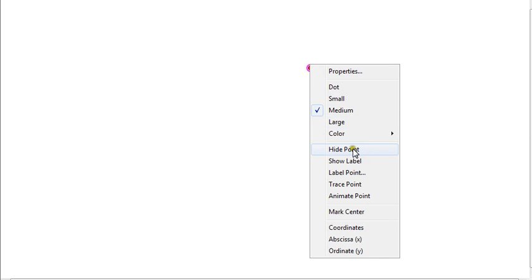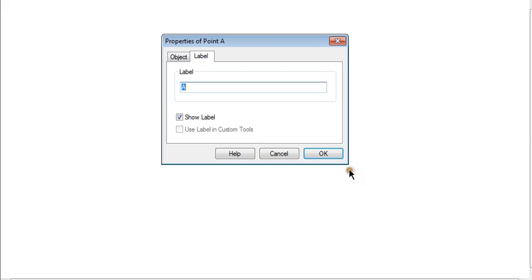Let's call this point the focus, and we label this point as A. Then we have a fixed line, that is its directrix.